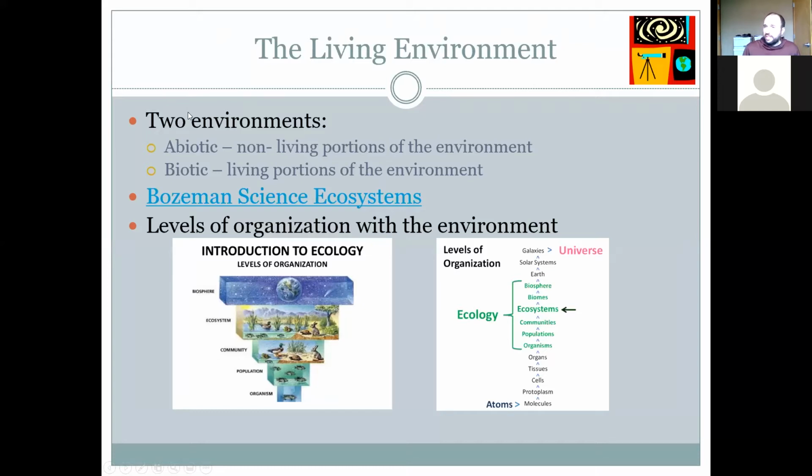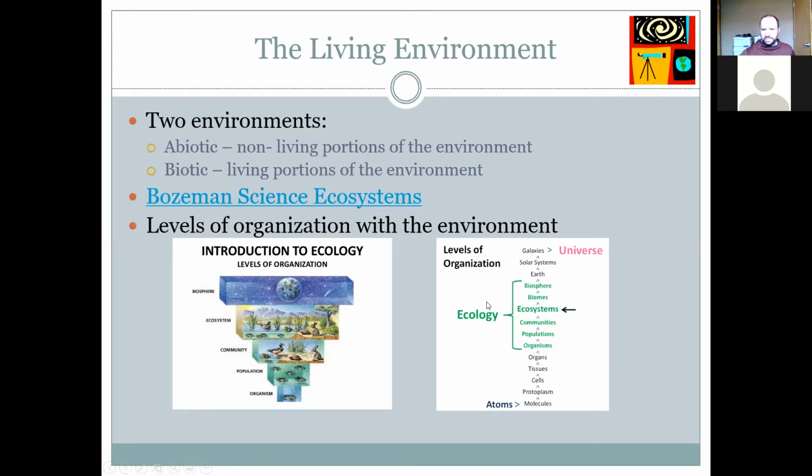So ecology essentially is the study of the ecosystem. And you can see here on this little chart down in the bottom right, the levels of organization. The majority of what we have discussed recently is in this green section, which tends to be the biology. But if we look at the organization of matter from very small to very large, we go from atoms to molecules to cells to tissues to organs to organisms.